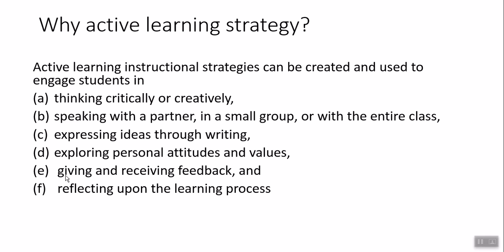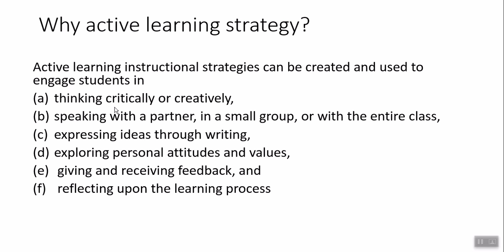Active learning strategy also gives a wide range of opportunities to give and receive feedback. And the final one is that students always reflect upon their own learning. So reflection is one of the main components in the active learning strategy. These are some of the features of active learning strategies.